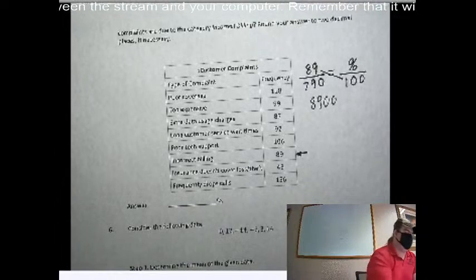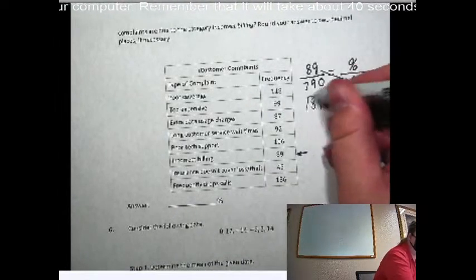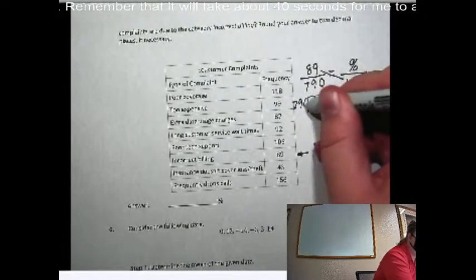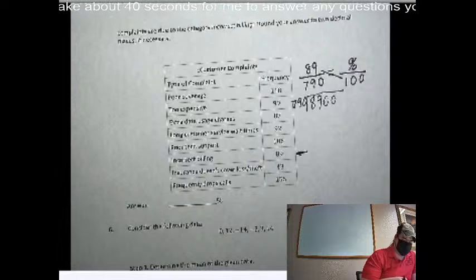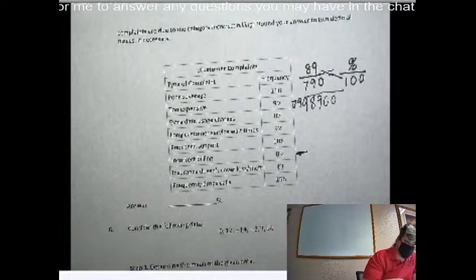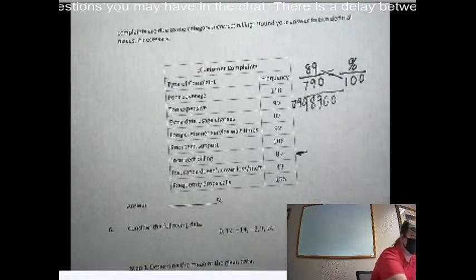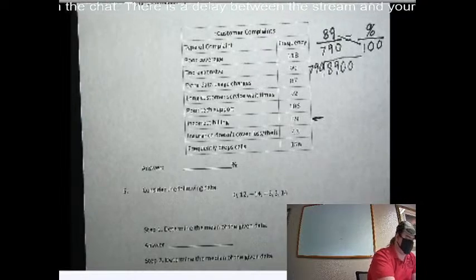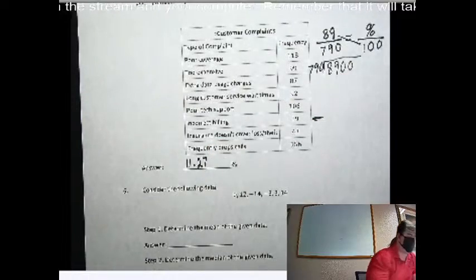Okay, and then we divide by the number that's left over, so we need to divide this by 790. So 8,900 divided by 790 is about 11%, and it wants us to round it to 2 decimal places. So this is going to round to 11.27%.